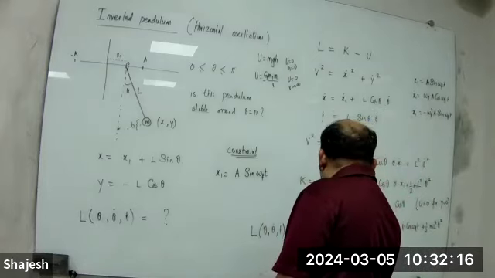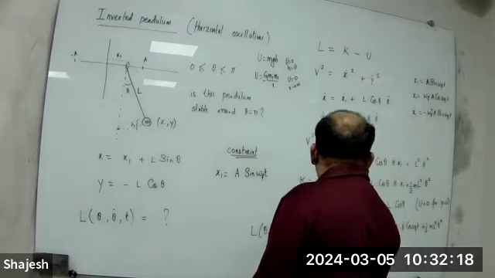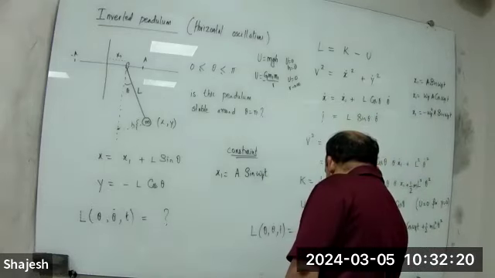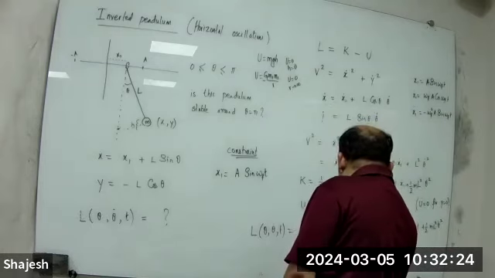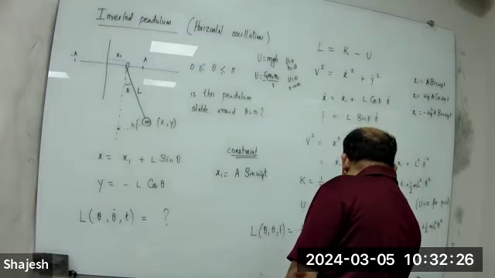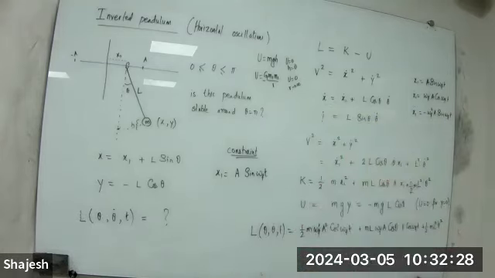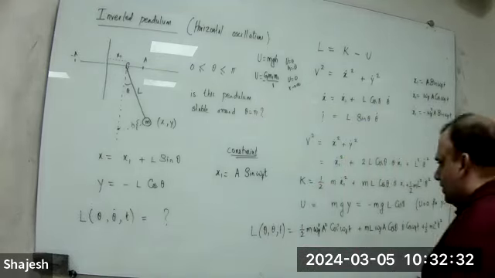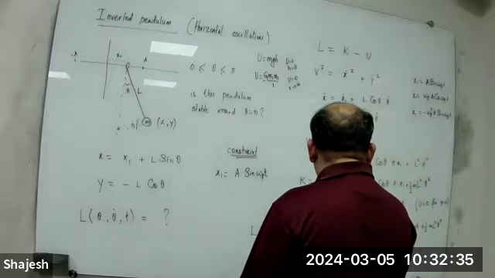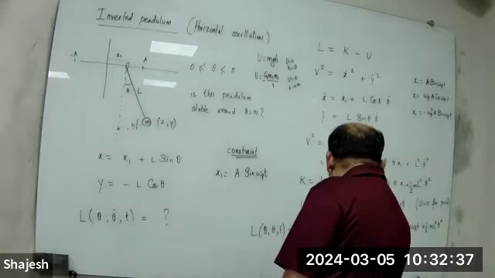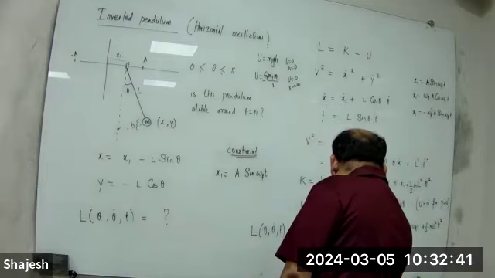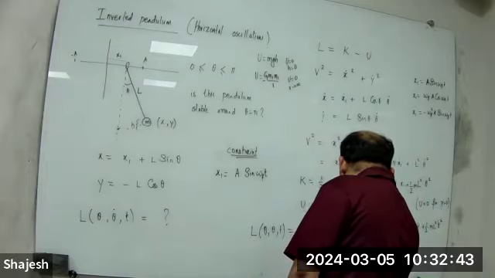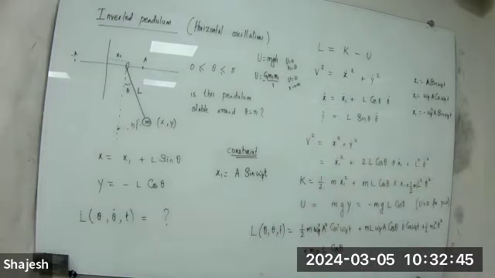Okay, so plus half m x dot square, so it is omega f square a square cosine square omega f t. And this is my kinetic energy minus potential, which makes it plus mgl cosine theta.